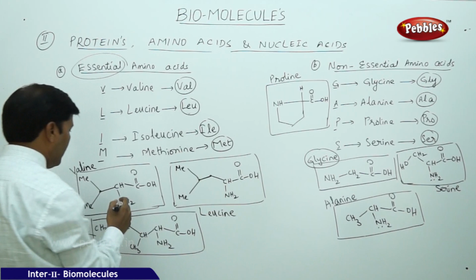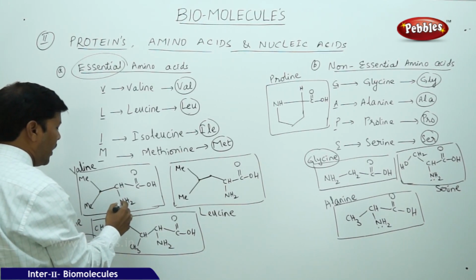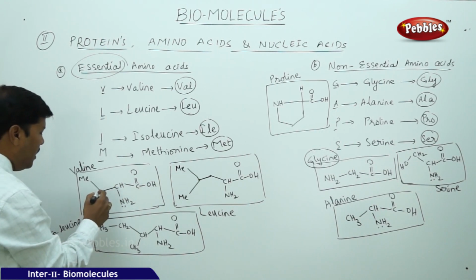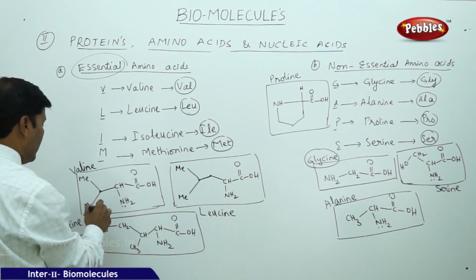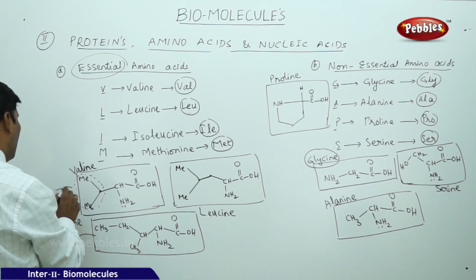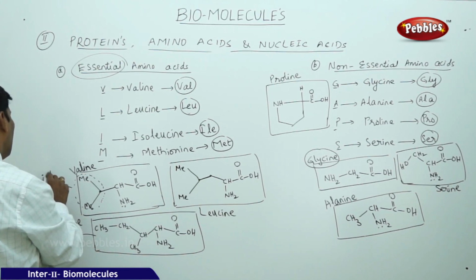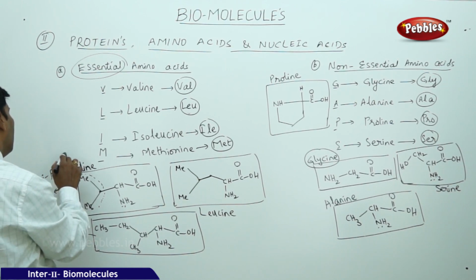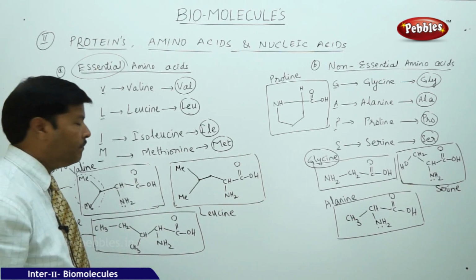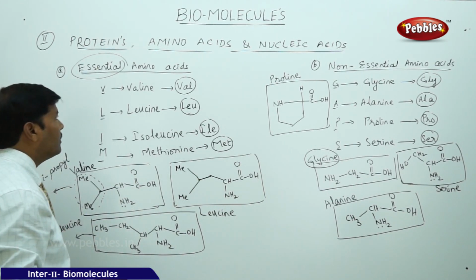If you go for valine, it has one primary amino group, one carboxylic acid, and one isopropyl group. This isopropyl group, one amino group, and one carboxylic group are the characteristic features of valine.